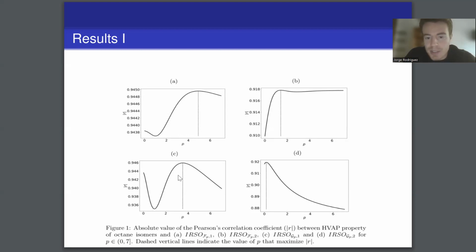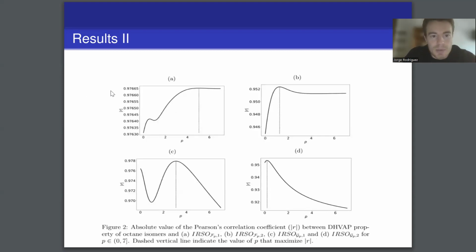In panel C we have the irregularities on board index 1 for the g set of functions, and in panel D the second irregularities on board index for the g set of functions. On the x-axis we have different values of p, and on the y-axis the correlation, and we get very high correlations: for almost every value of p and almost every irregularities on board index, correlations higher than 0.9. The dotted line represents the value of p that maximizes the correlation with the enthalpy of vaporization.